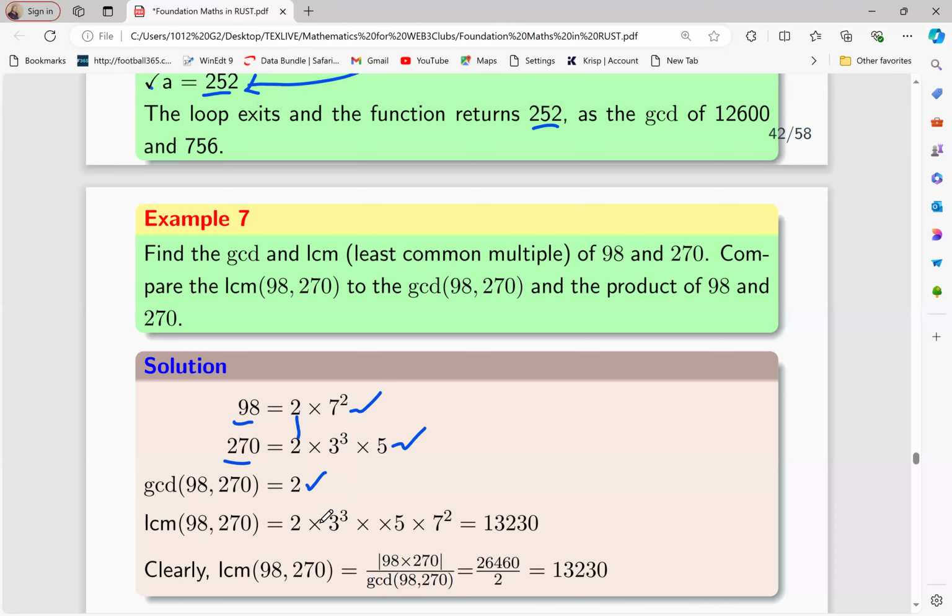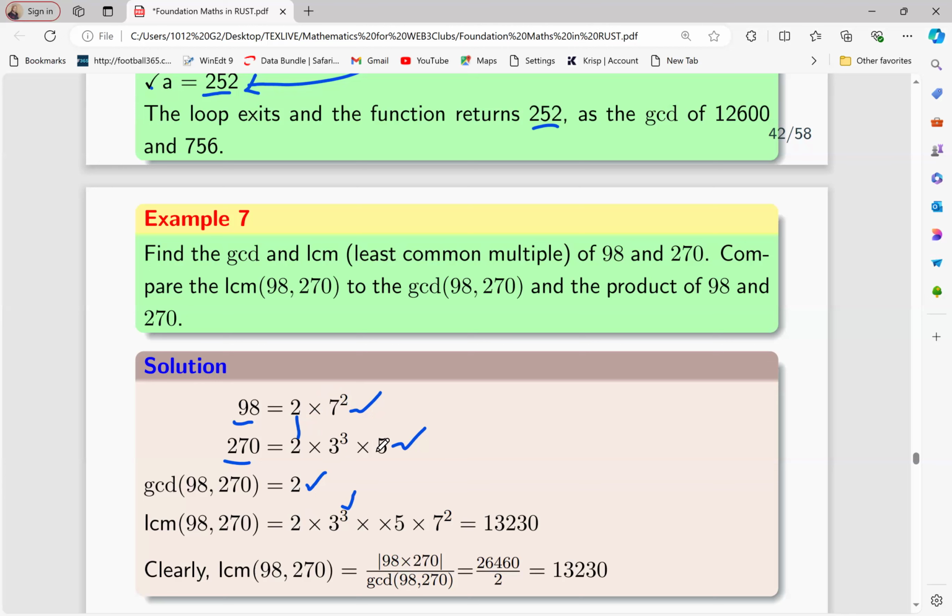What about the LCM? For the LCM, you pick anything that exists here. And if they are common, we take the one which has a higher power. For instance, 2 exists and has only power 1, so we pick it. I can see 3 here, but it's not in the 98. But since it exists here, we pick it.